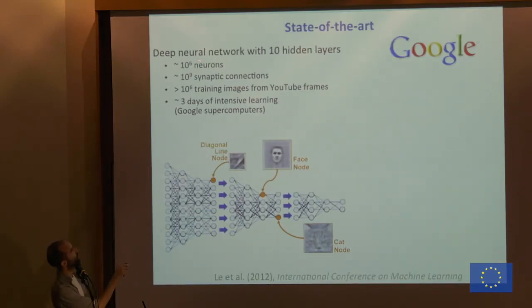So it was able to train a very deep neural network with 10 hidden layers, with a lot of neurons and even more synaptic connections. And the training data set was just huge. It was frames extracted from YouTube videos, and it took 3 days of intensive learning on Google supercomputers to train this whole hierarchy of processing.